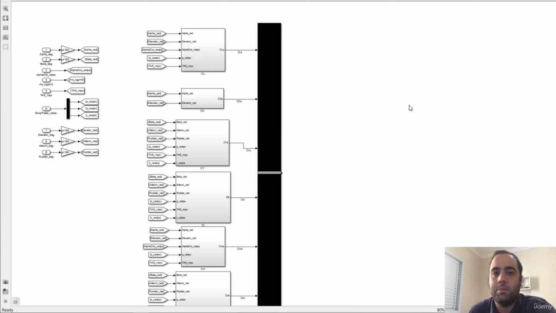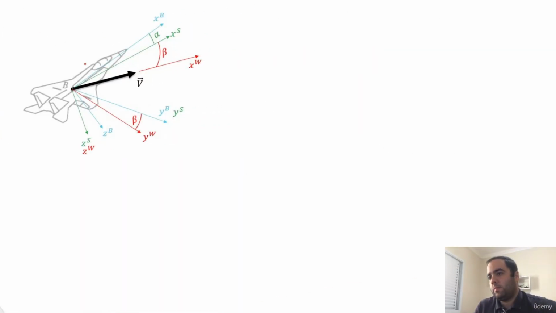So let's convert them to the body axis. Before we implement our coefficients in the aerodynamics block, we need to convert them to the body axis. They were derived in the stability axis.